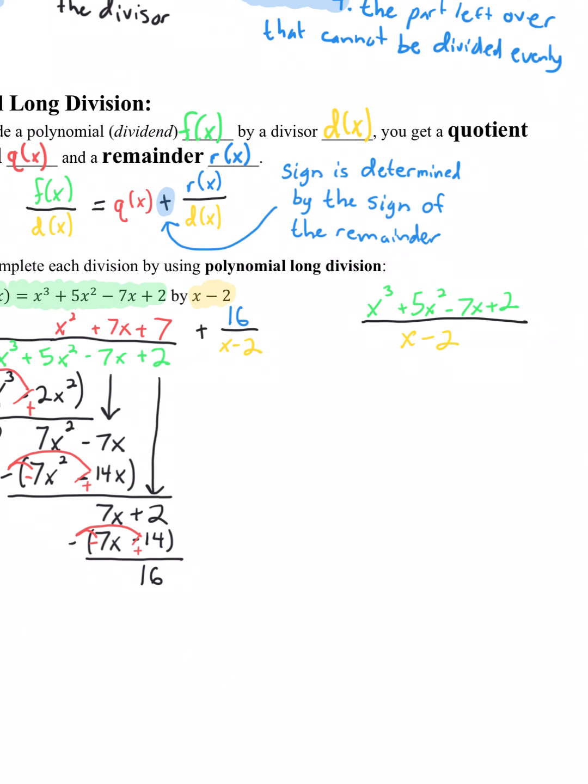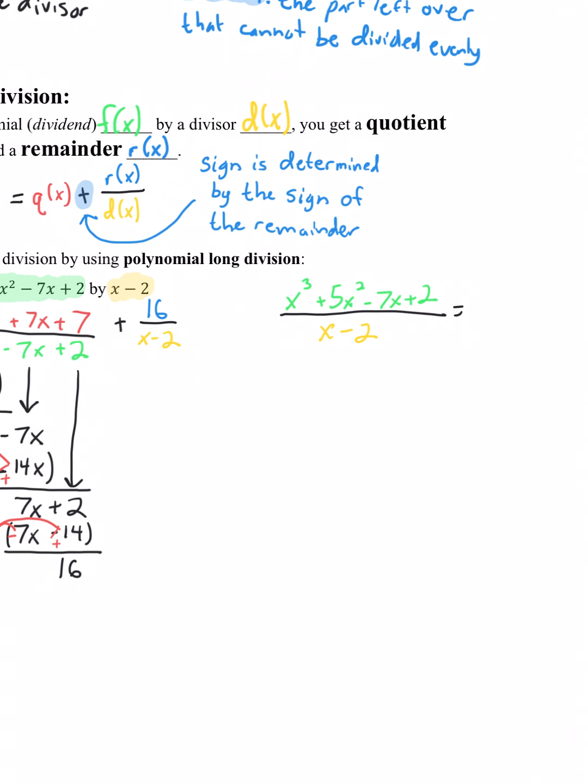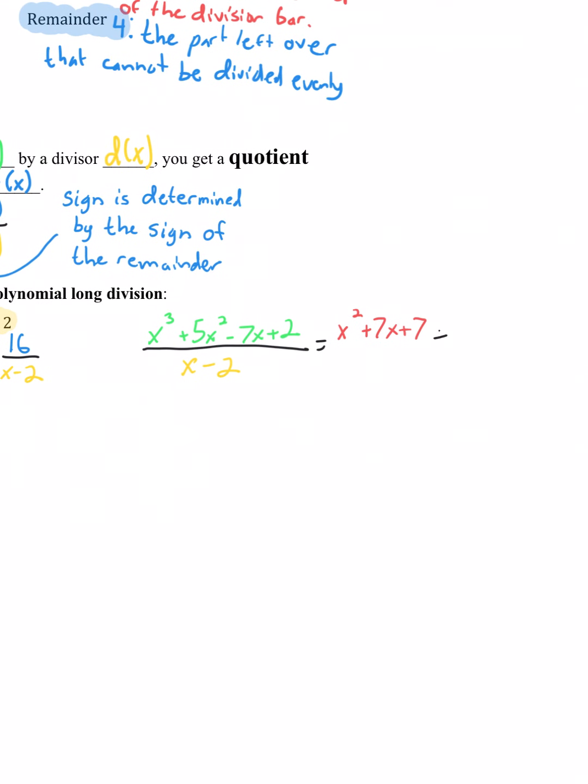And as a result of our division, we ended up with our quotient, x squared plus 7x plus 7, and then plus our remainder, 16 over x minus 2. That's what our final values looked like.